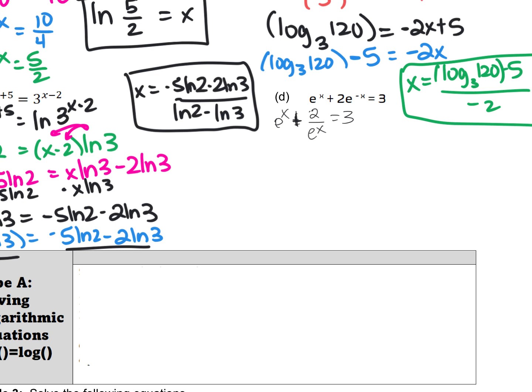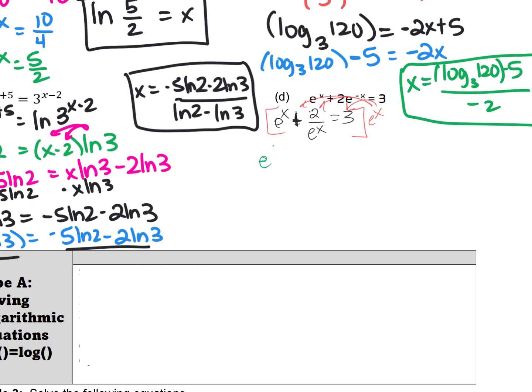Now, because there's a fraction in this problem, how do we clear fractions? We multiply everything by that denominator. So I'm going to multiply both sides by e to the x, distributing and multiplying both sides. What's e to the x times e to the x? What do you do with your exponents when you multiply?